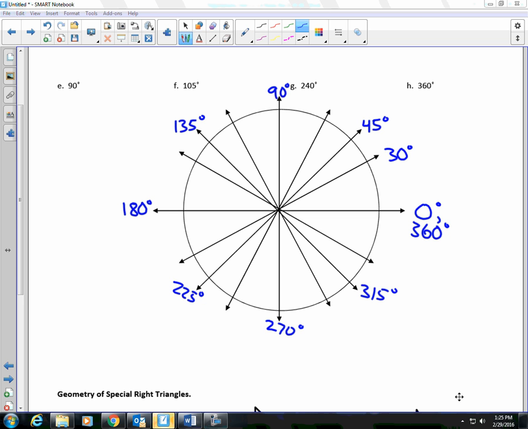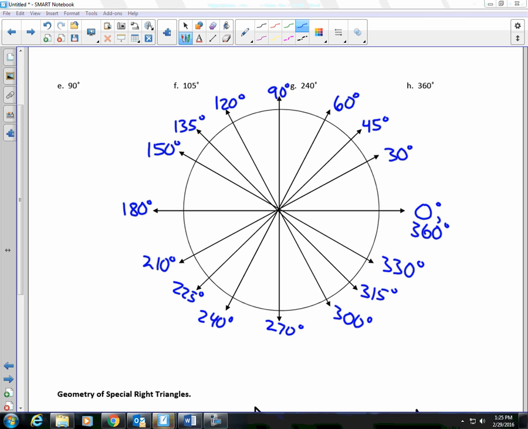Then the 90, then 180, 210, 270, 300, 330. All right.